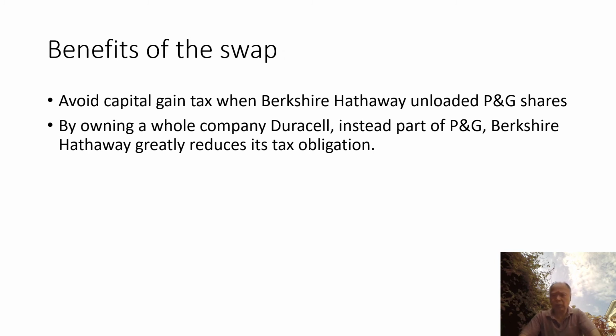Benefits of the swap. First, Berkshire Hathaway avoided paying capital gains tax when it unloaded P&G shares. Second, by owning a whole company, Duracell, instead of part of P&G, Berkshire Hathaway reduced its tax obligation.